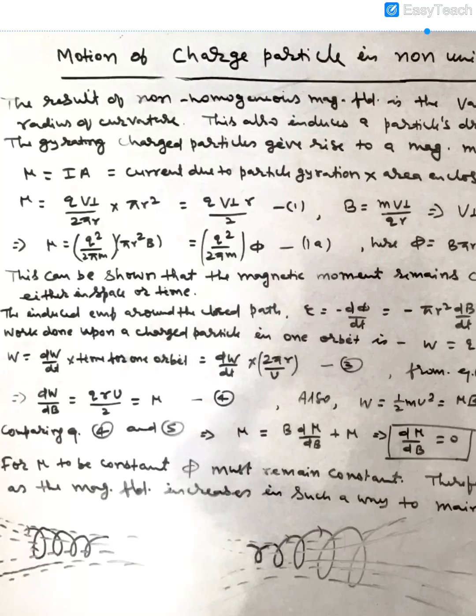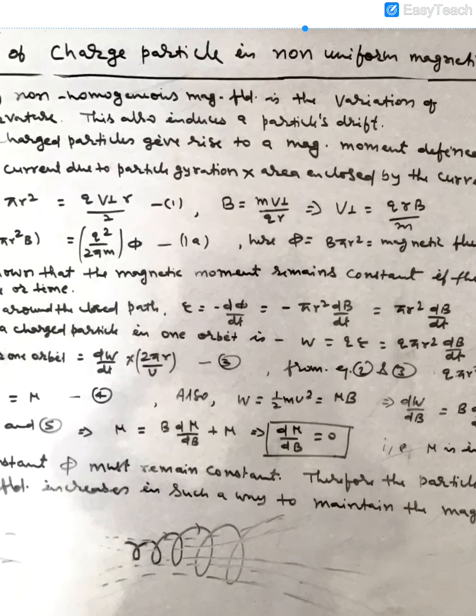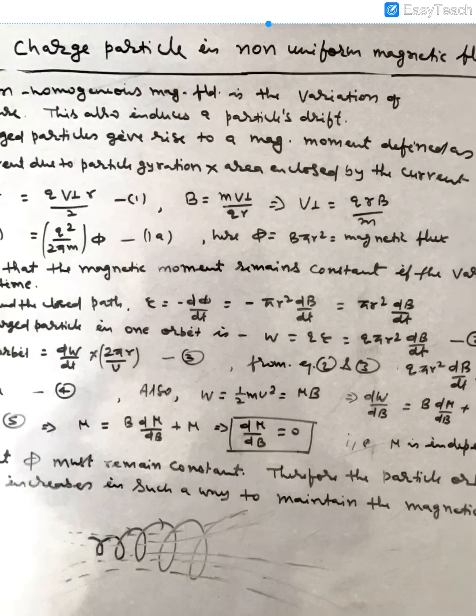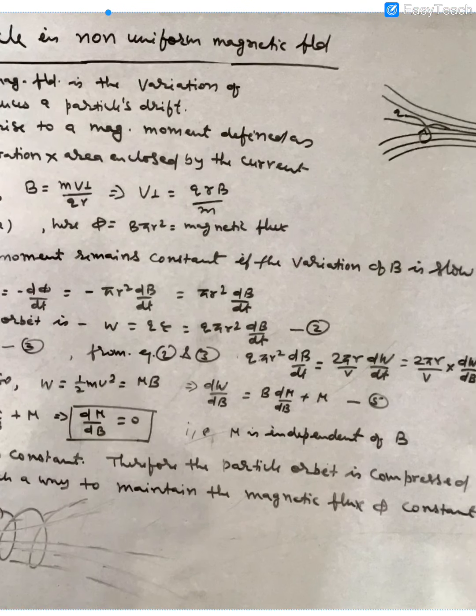and this represents the magnetic moment mu. We can also have the expression of work done using the concept of magnetic potential energy and kinetic energy. Work done will be equal to half m v square or equal to magnetic potential energy. We can equate this to magnetic potential energy because the magnetic moment mu has been placed in magnetic field B. From here we will have dW upon dB, that is B d mu upon dB plus mu.